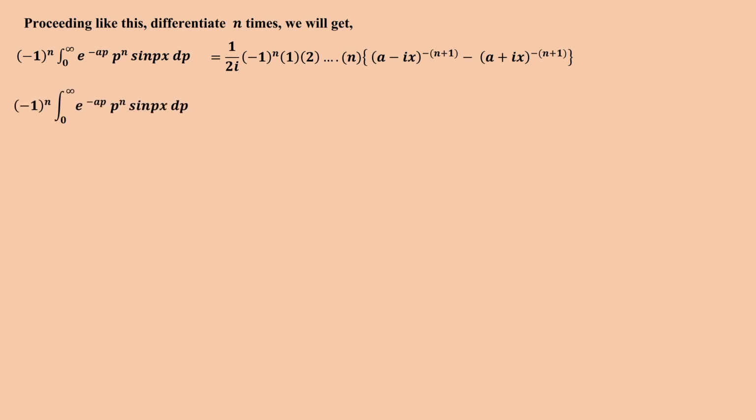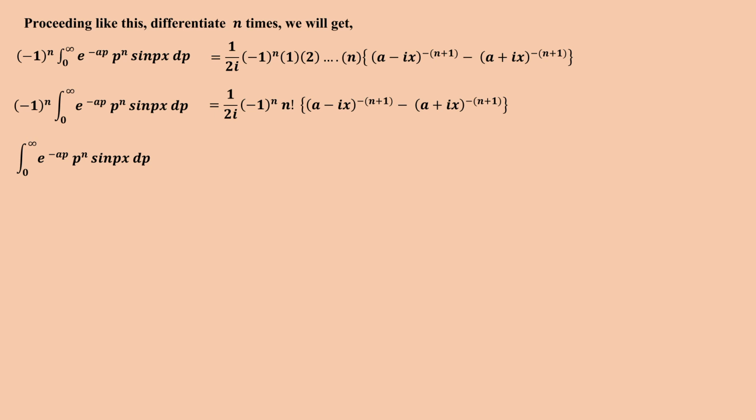So minus 1 power n integral 0 to infinity e power minus ap p power n sin px dp is equal to 1 by 2i minus 1 power n. 1 into 2 into up to n multiplication is nothing but n factorial. (a minus ix) power minus n plus 1 minus (a plus ix) power minus n plus 1.